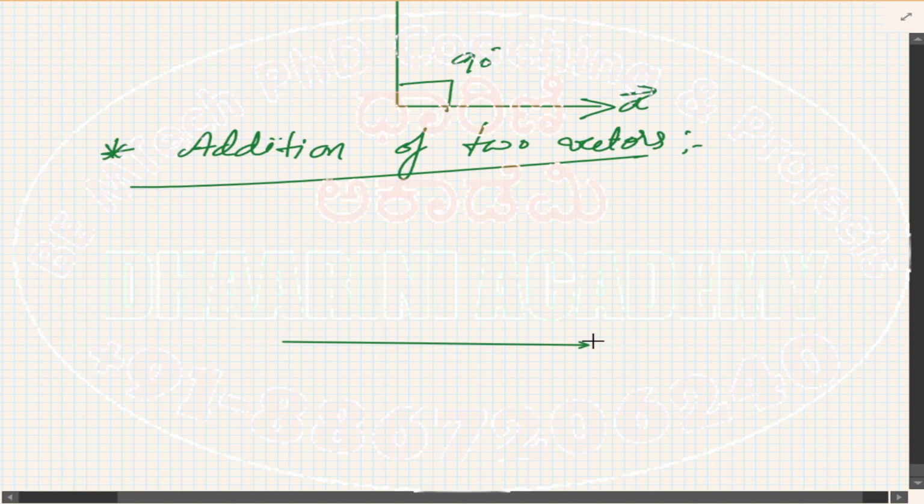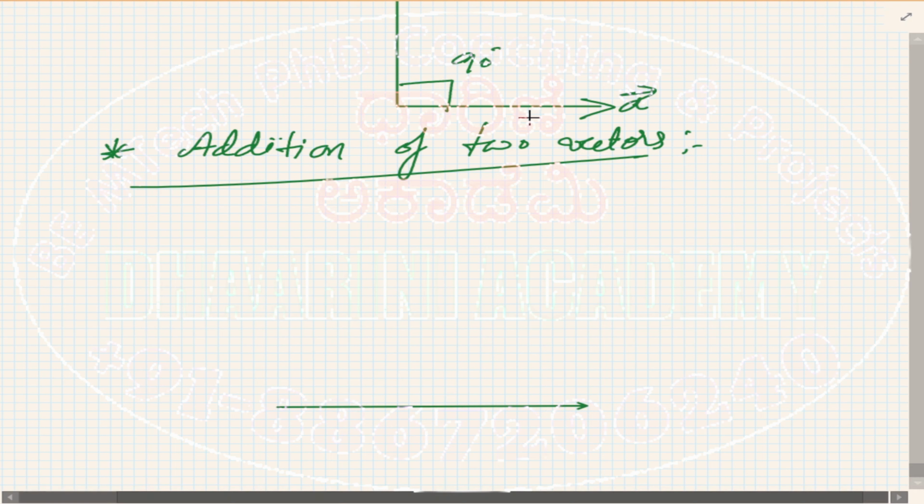This is vector A, and let us say we have another vector, that is vector B. Now let's say this is the common point.